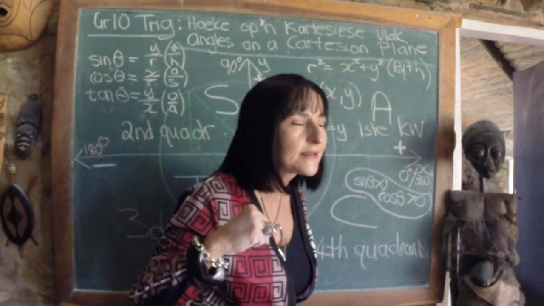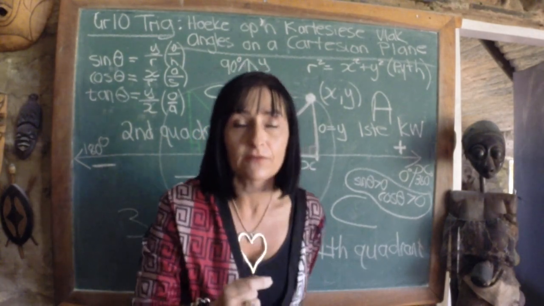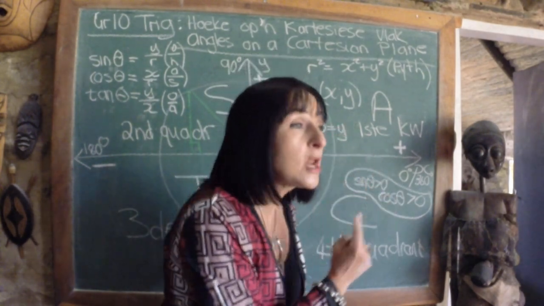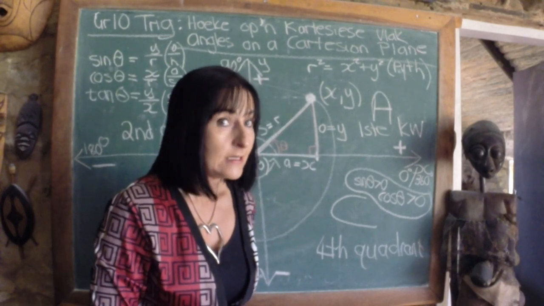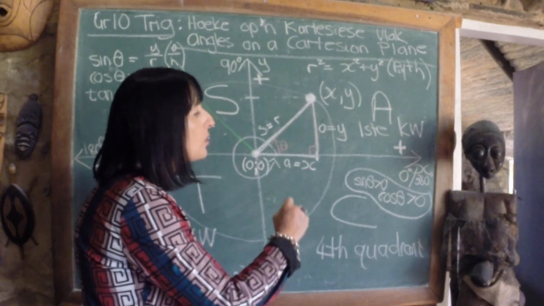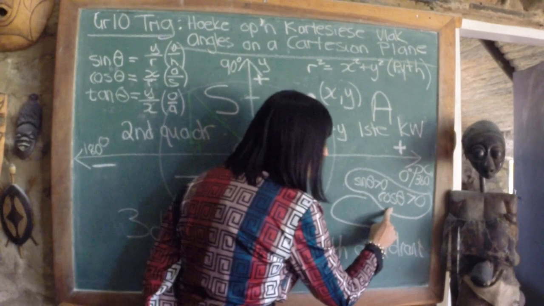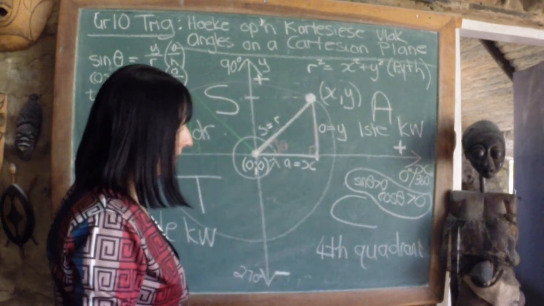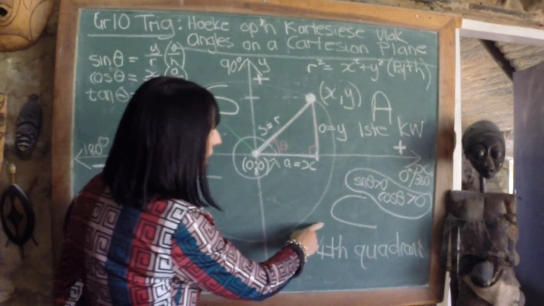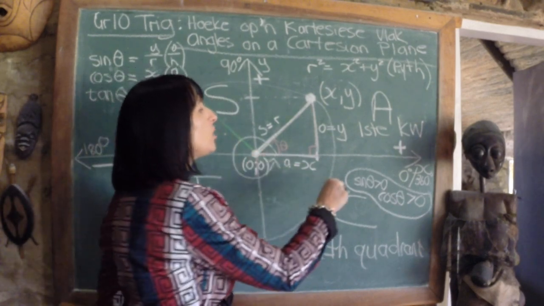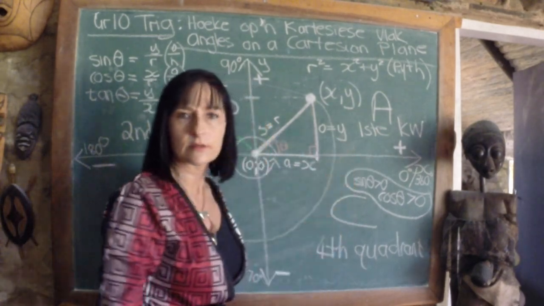Want graad 10's groter as beteken positief. Smaller than means negative, né? So let's quickly check. In what quadrant will sin be positive and cos be positive? If you go there, it's only sin, only tan, only cos. So watter kwadrant is al twee hierdie positief? Only one quadrant, the first quadrant.